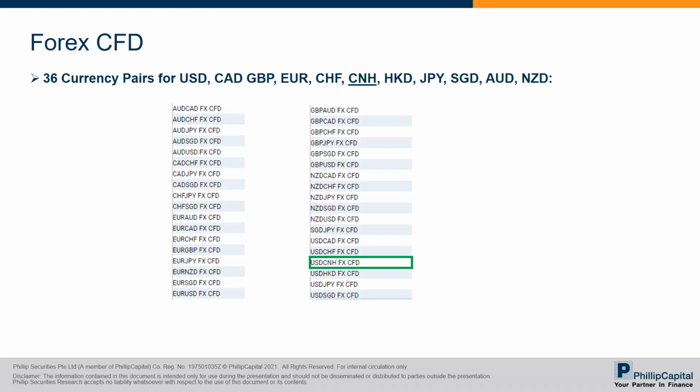Because the renminbi is a controlled currency, not many companies offer its trading. So if you wish to trade renminbi versus the US dollar, you can consider using CFD as well. And moving forward, we will also be launching the dollar Thai baht currency pair, which is also quite a unique currency pair. So you can use Phillip CFD if you wish to trade dollar Thai baht movements.